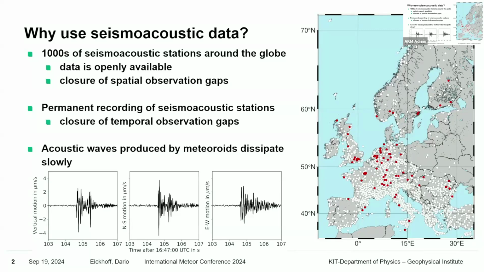And the third reason is that acoustic waves produced by meteoroids, or any acoustic source in the atmosphere, travel very, very far. So we don't even have to have very dense networks, and we would still be able to record our signals, and we will still be able to reconstruct trajectories and other things.